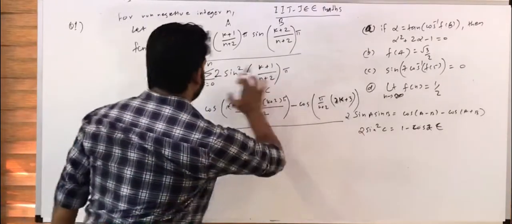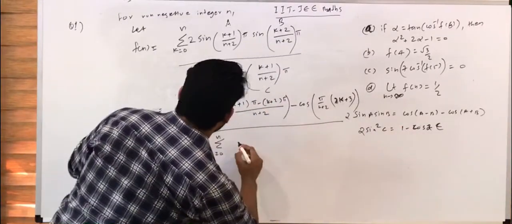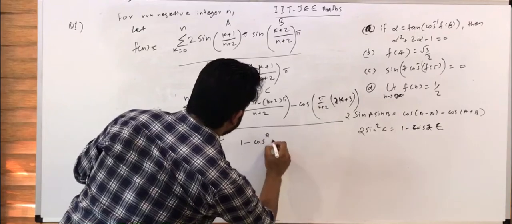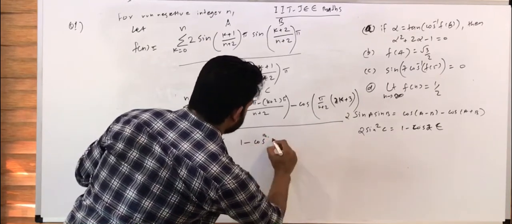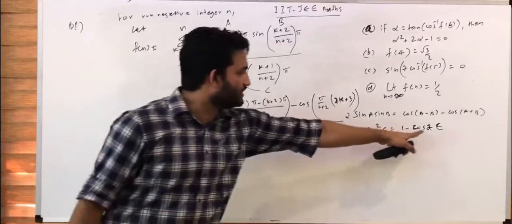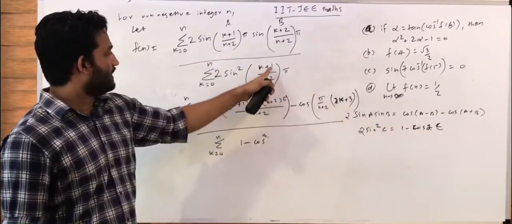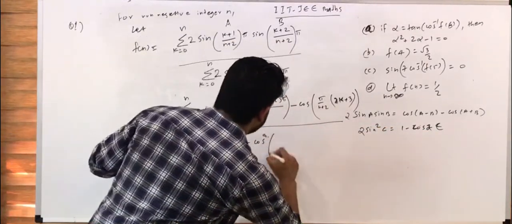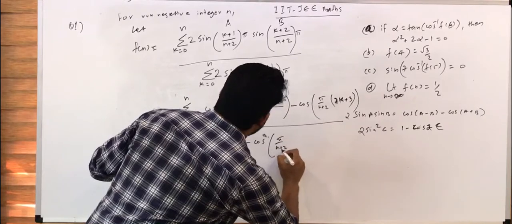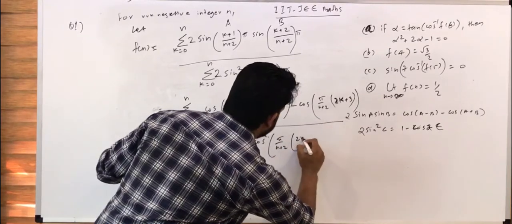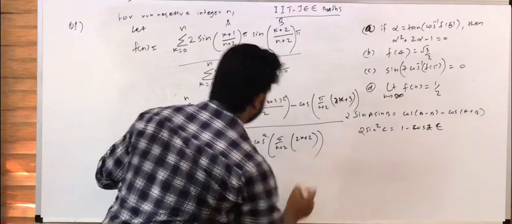So 2 sine square c becomes 1 minus cos 2c. Cos 2 into c is what? k plus 1, pi by n plus 2 we can take outside, that is 2k plus 2.